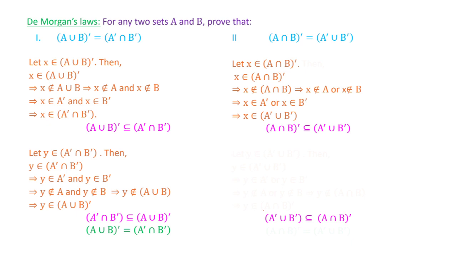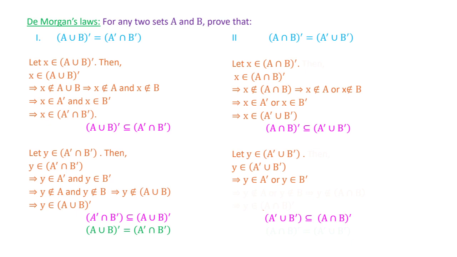For the second, we are considering an element of this set A complement union B complement. So let Y belong to A complement union B complement. Then this will imply that Y belongs to A complement or Y belongs to B complement. In place of union, we are writing OR.